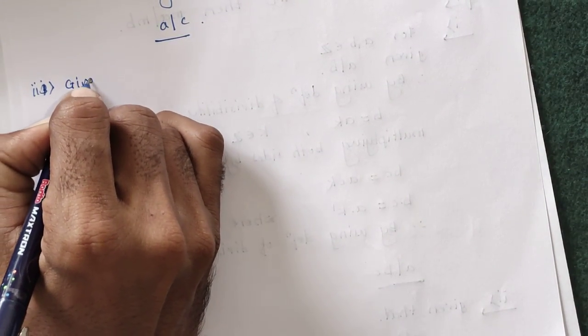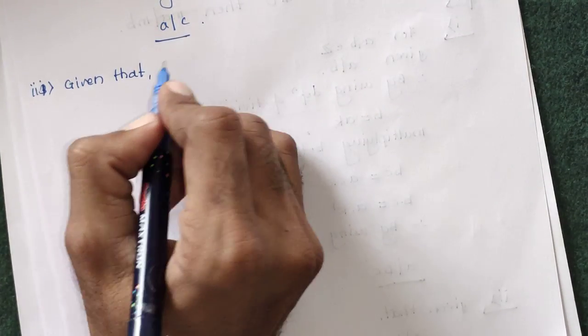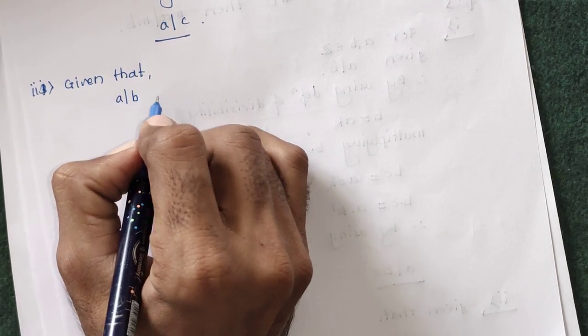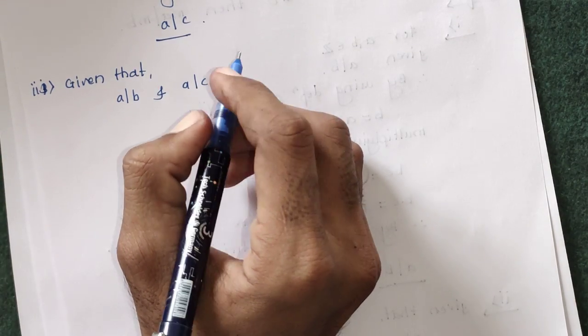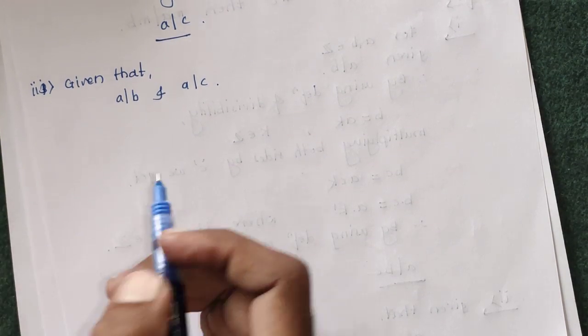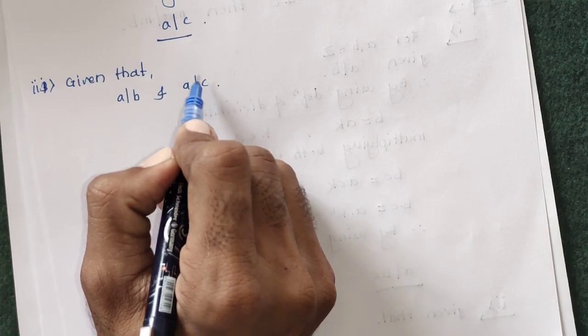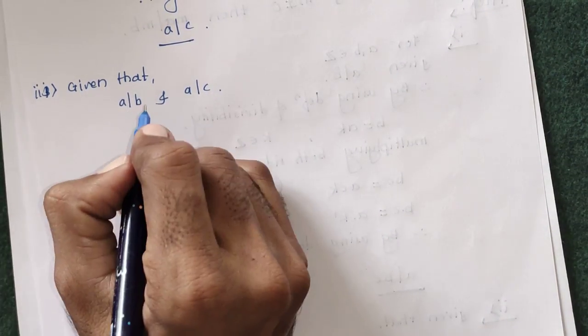In the third statement we are given that A divides B and A divides C. Similarly, like the second proof, we are going to use the definition of divisibility on this equation, and again the definition of divisibility on this equation. Suppose this is equation 1 and equation 2.